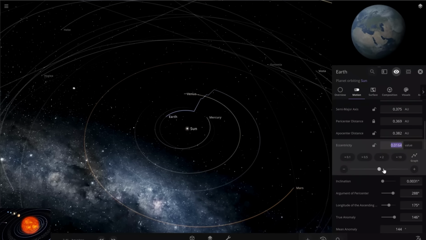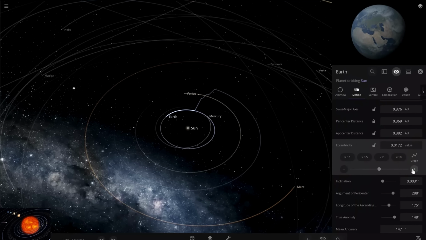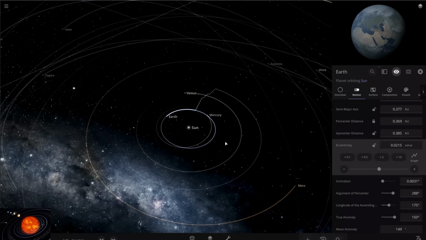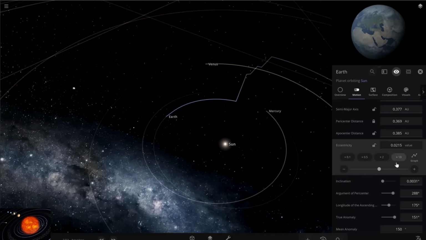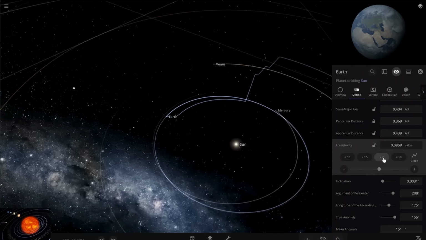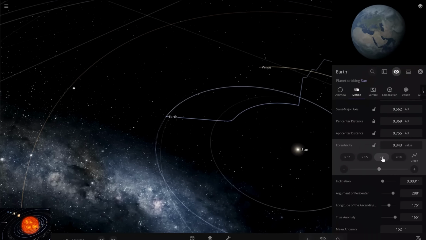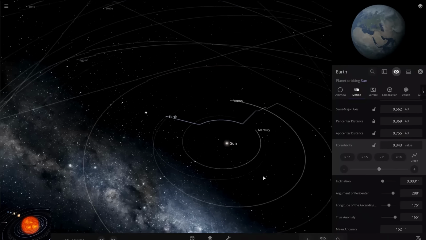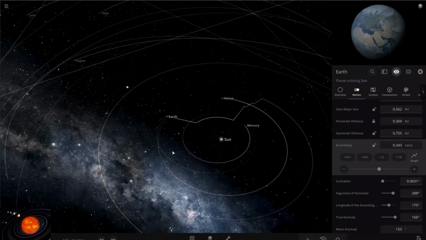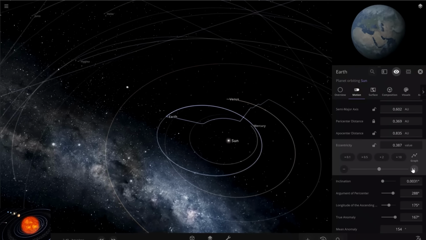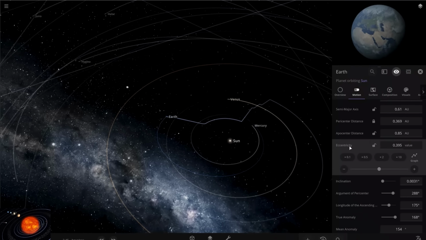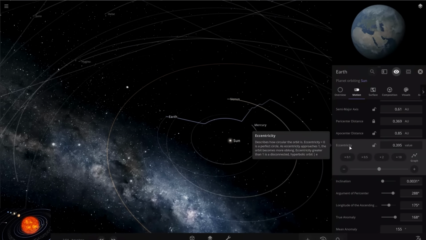If you just increase this eccentricity, your orbit would be more oval shape. As you can see here, it's being changed. And if you decrease this parameter, your orbit would be in a circle shape. Now I've increased this parameter, and if you want to make an experience for yourself, just be careful about the note in here.